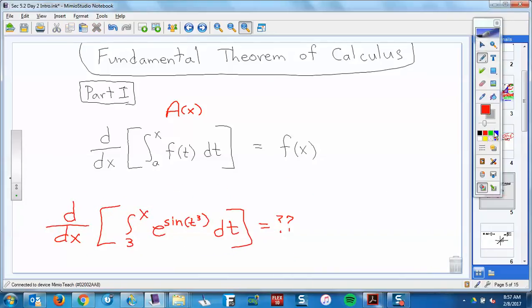That's going to be the question. What's going to be the answer? Max said this. If you write e raised to the sine of t cubed, you will miss it. Jesse, what is it?